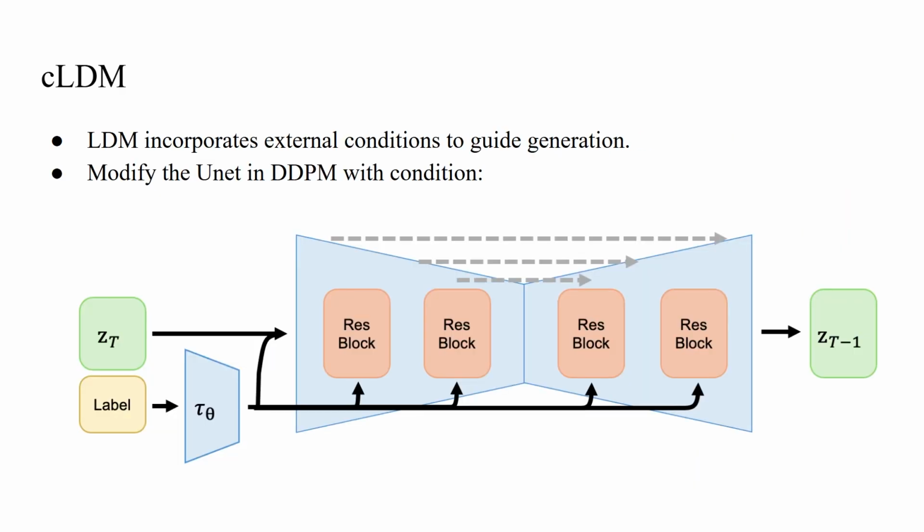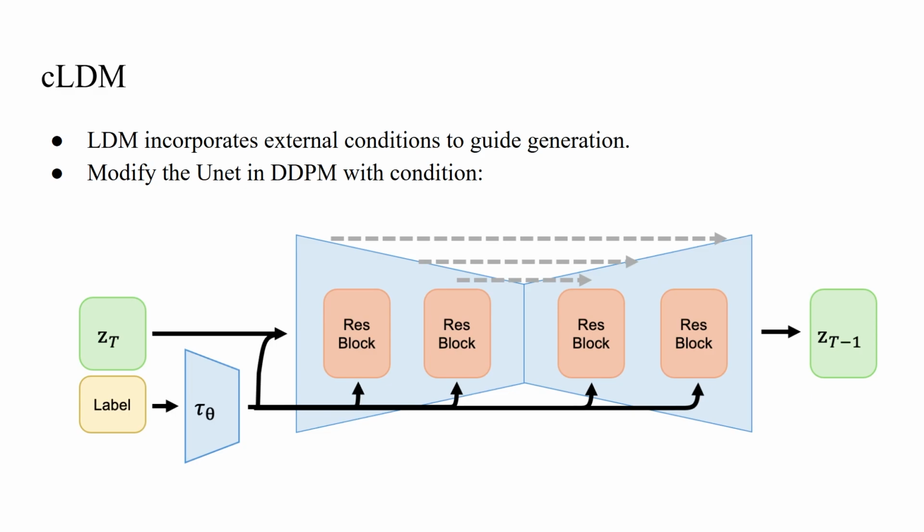Next, we move from LDM to cLDM. The C stands for conditional. A conditional LDM incorporates external conditions to guide the generation process. For example, in MNIST, the condition can be a digit label such as 0, 1, 2, and so on. In a dataset containing celebrities called CelebA, the condition can be facial attributes such as smiling, male, blonde hair, eyeglasses, or young.